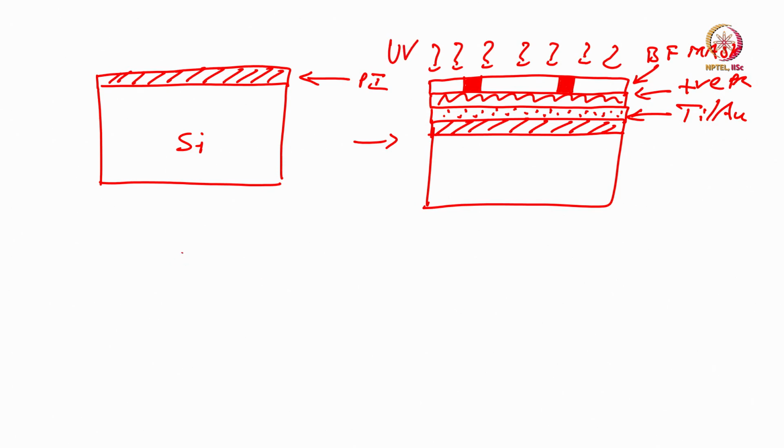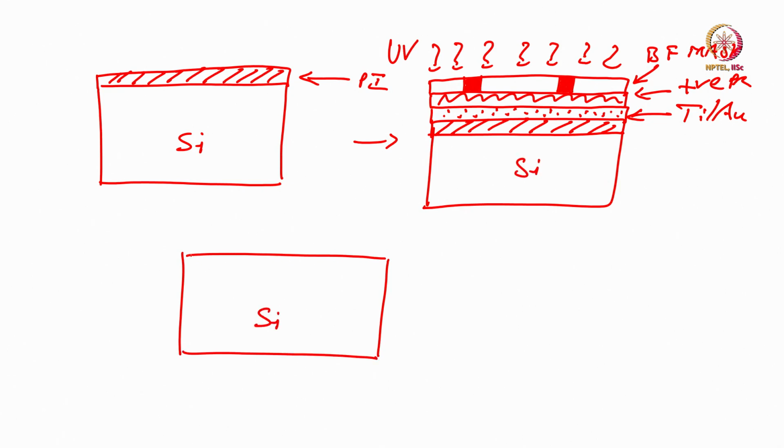So what will happen when you unload the mask and develop the photoresist, you will have your PI, on this you will have your metal, and you will have your photoresist only in this region, because the unexposed region becomes stronger.